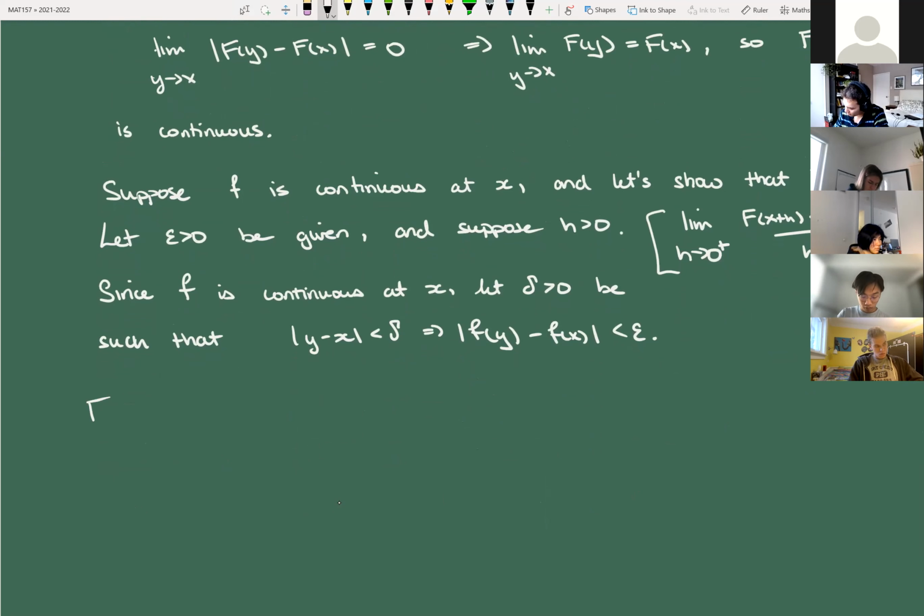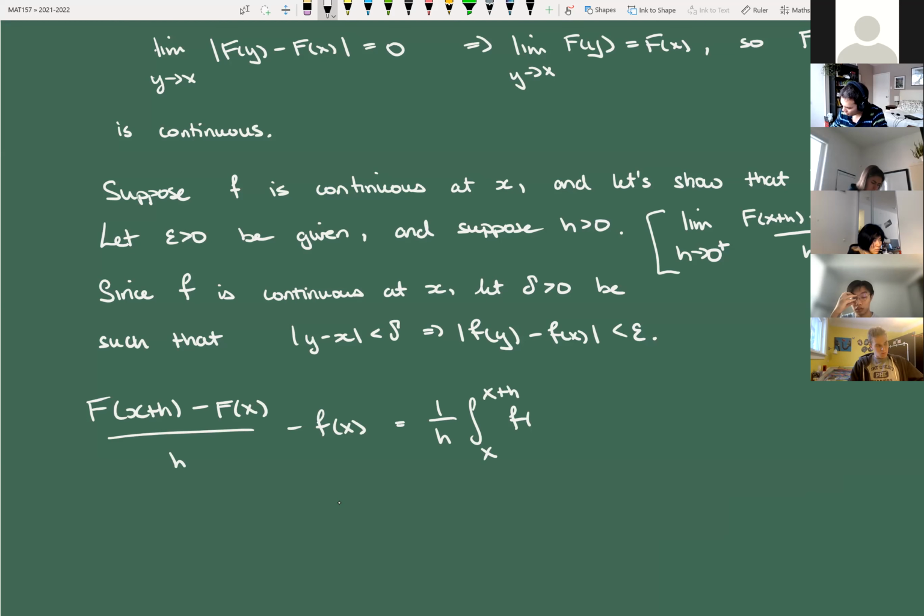So we're going to have F of x plus h minus F of x divided by h minus little f of x. That's going to be 1 over h times the integral from x to x plus h of little f. Okay, now here I do actually need to use this notation.